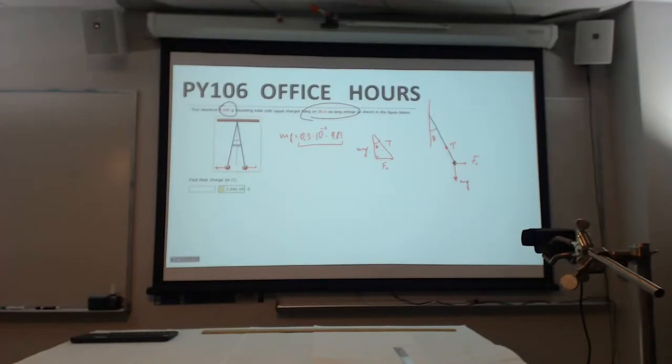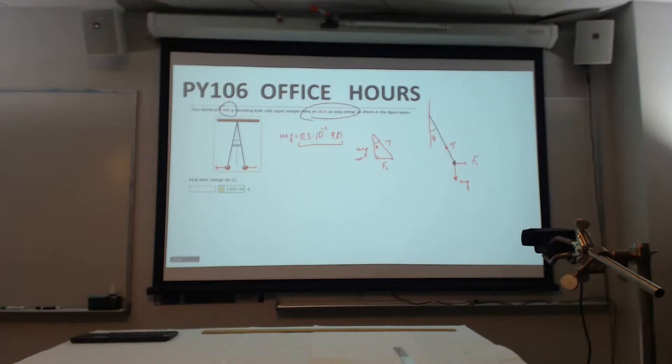If you know gravity and angle, what can you calculate? Either FC or T. Both, of course. Yeah. You can calculate both.